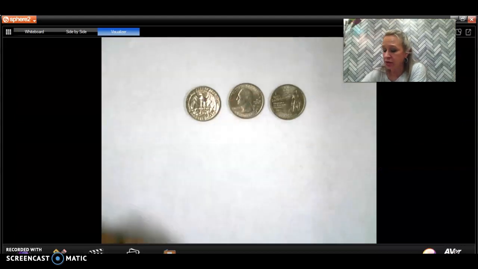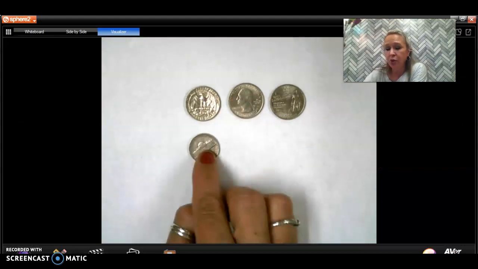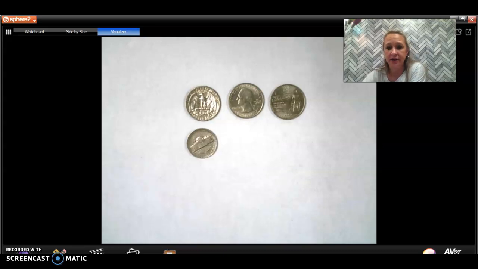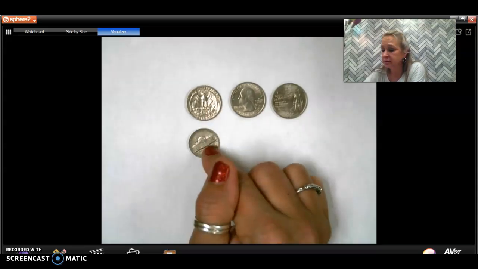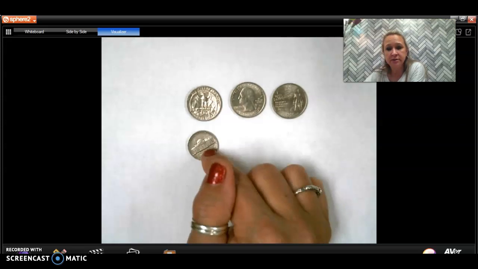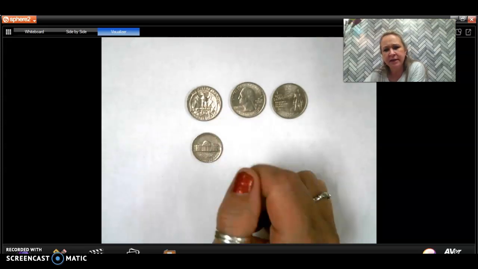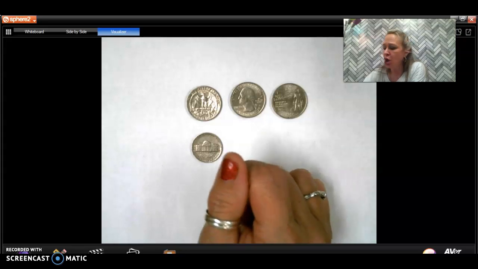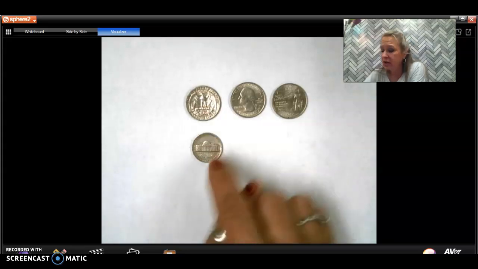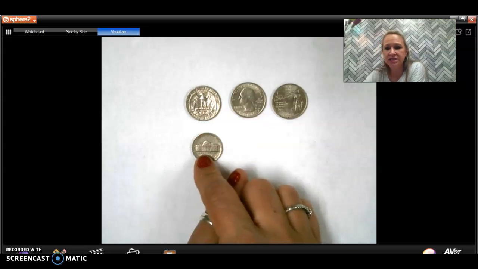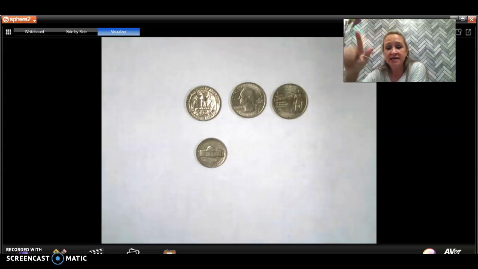So here's the quarter. Now, what do you notice about the quarter and the nickel? The quarter is much larger than the nickel, but they're both what? They're both silver. Are they both round? Yes. Are they both worth the same amount of money? No. Remember we said our quarter was worth 25 cents? Who remembers what a nickel is worth? What's the value of a nickel? 5 cents.